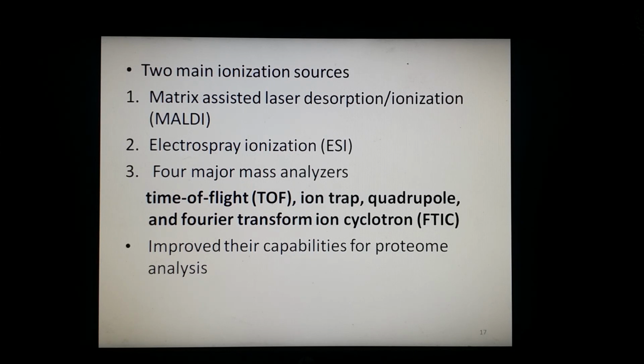MALDI basically measures the mass of peptides derived from the trypsinized parent protein, and it generates a list of experimental peptide masses that are often referred to as mass fingerprints. So this was the entire process of mass spectrometry and how it is being used in proteomics, and you have seen what advances are being made in this technique.